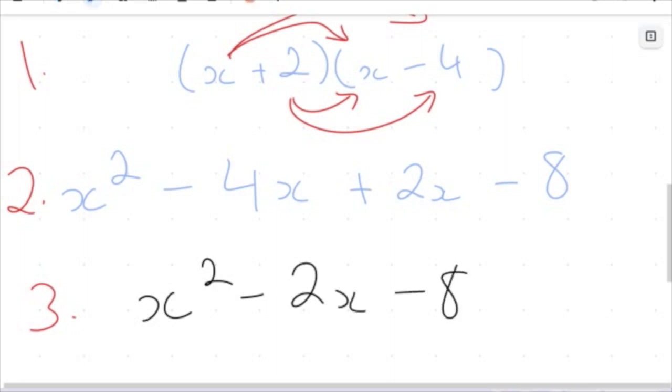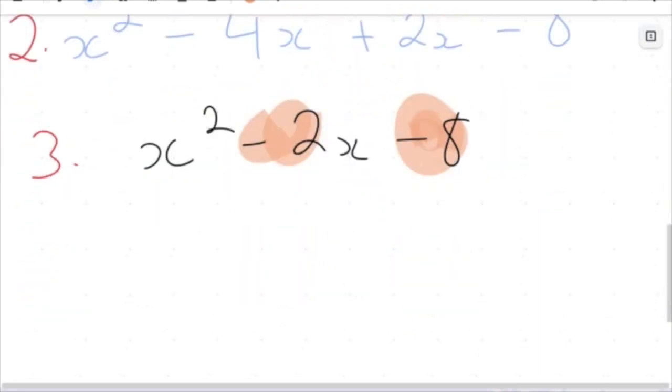I want you to have a think about, how does, for example, this number relate to my two numbers here? And how does this number maybe relate to those two as well? Take a moment to think about it. If you don't see a pattern yet, like a lot of things in maths, that doesn't matter. We're just going to keep doing a bunch of expansions and see if we can figure out a pattern.